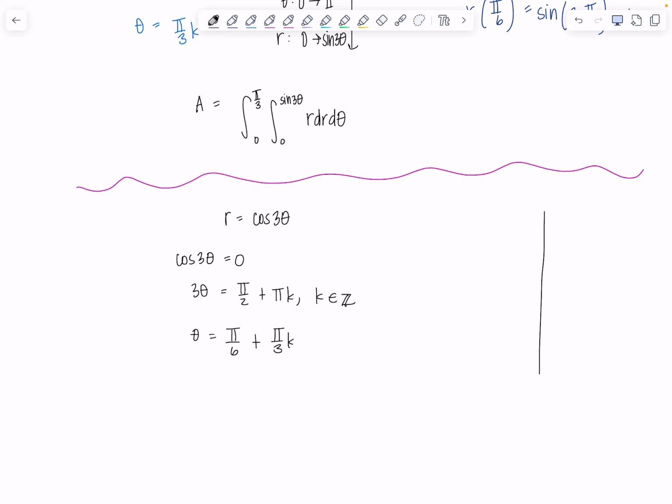Okay, so then the difference is, if you try to trace it out, it's symmetrical with the x-axis. Say this is your pi over 6 line. It would start here. If you kept adding, you're going to get a different petal. Oh no, why did I draw it all the way up there? That's when it's 0. Okay. So if theta is pi over 6, let me plug it in. r of pi over 6 is cosine 3 times pi over 6.